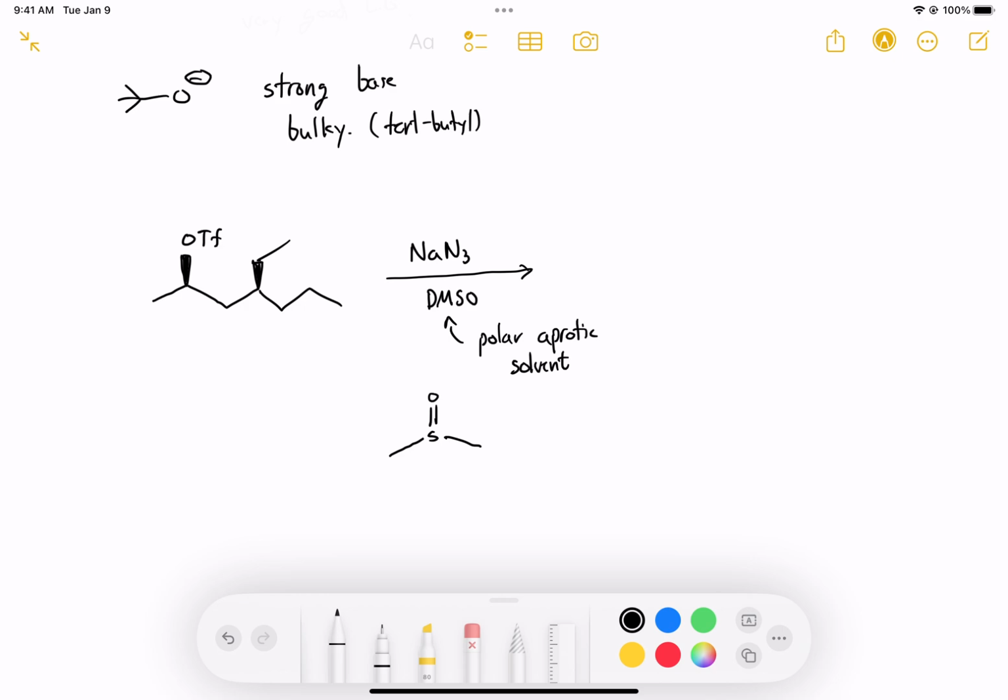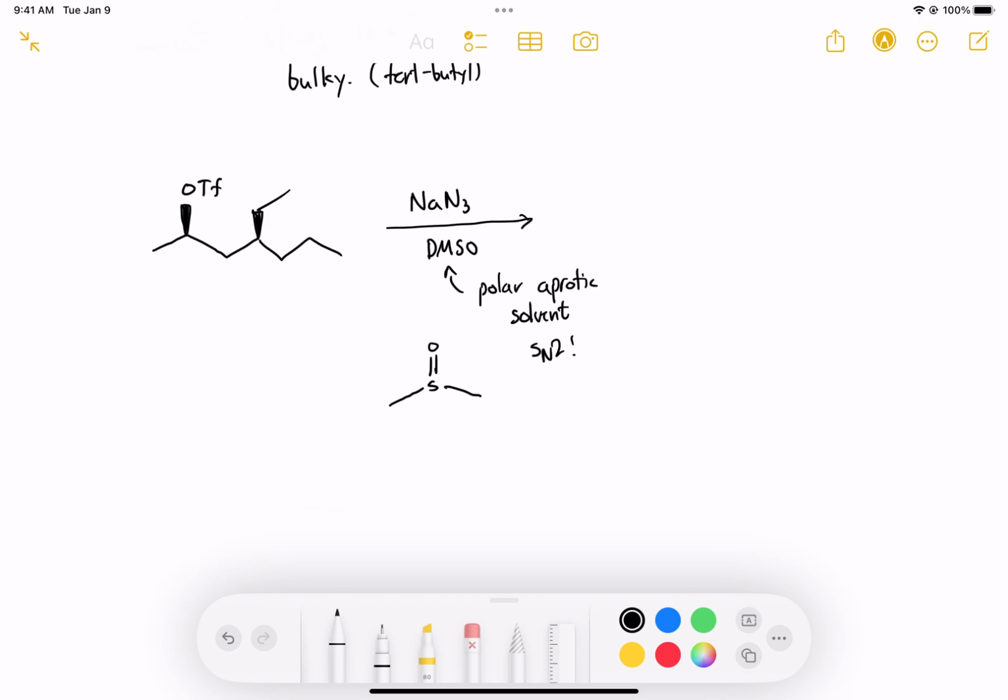So when we have this, it usually screams SN2, right? But let's take a look. Our carbon here with the leaving group is a secondary carbon atom. Good leaving group. This is called triflate.